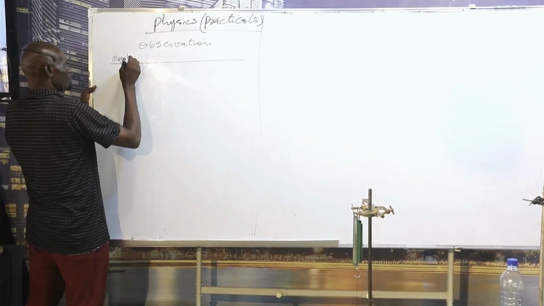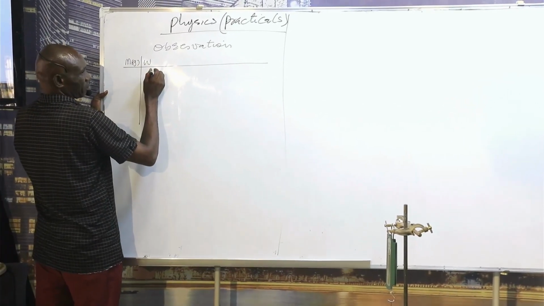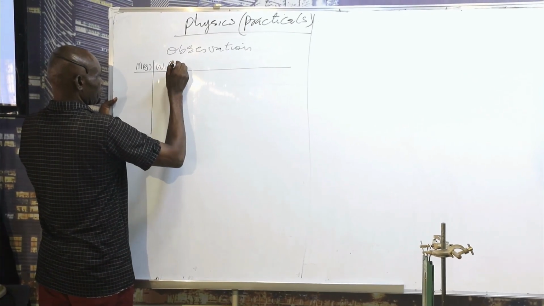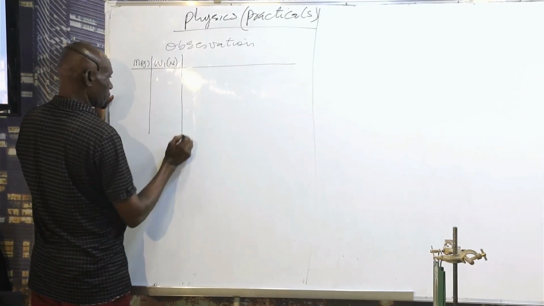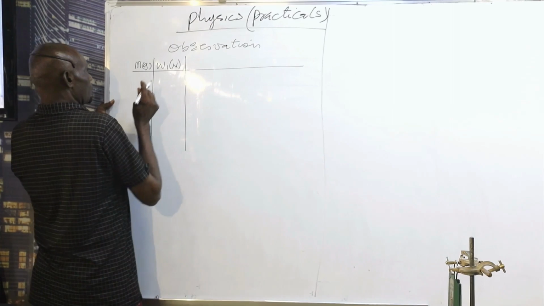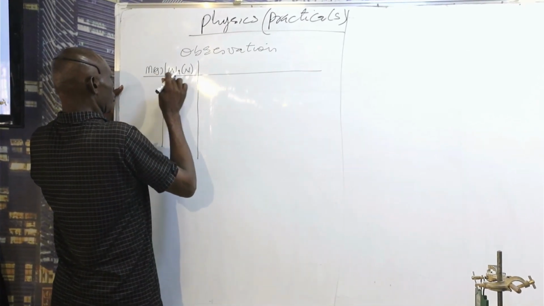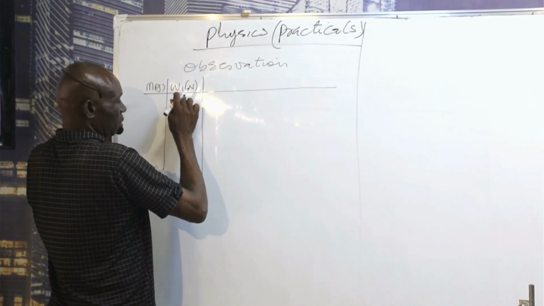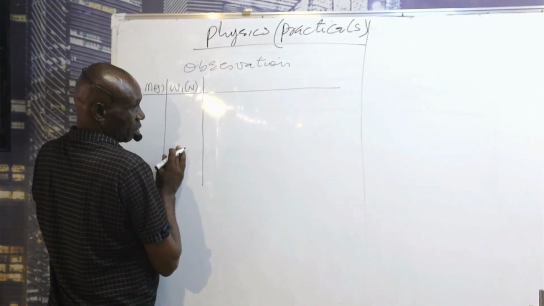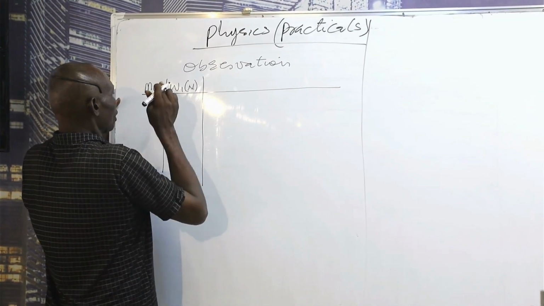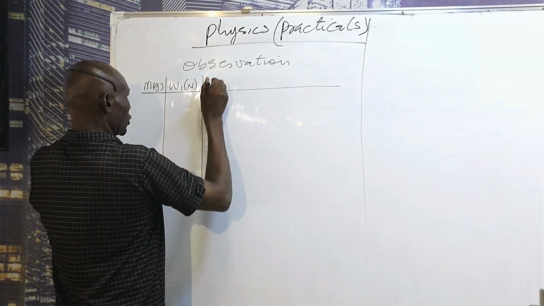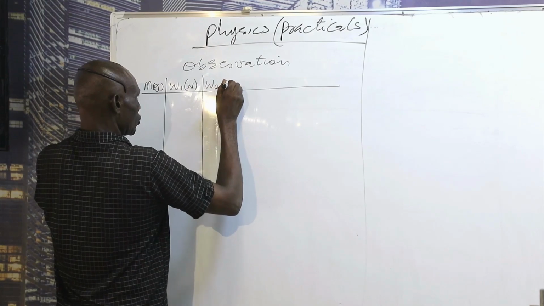This mass now will be converted to the weight, W1, which will be in Newton. And when the mass is converted to weight, we now proceed with the weight in order to obtain this particular weight now in water as W2 Newton.